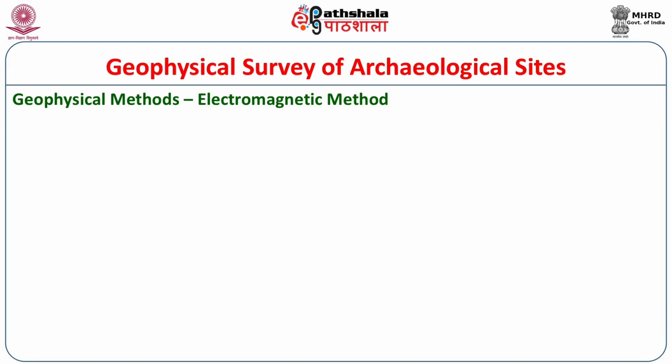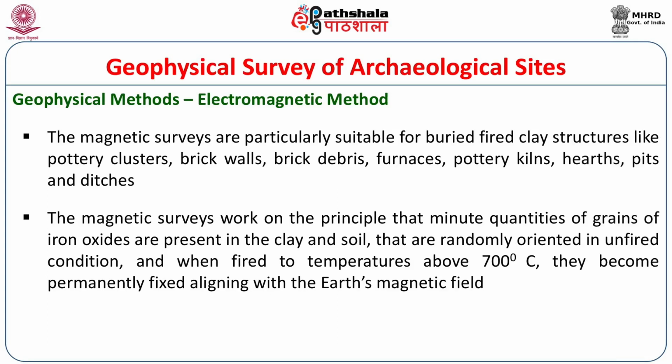In the continuation of the electromagnetic method, the magnetic surveys are particularly suitable for buried fired clay structures. For example, in the ancient period, humans used fire to make bricks, pottery, walls, furnaces, pottery kilns, hearths, anything associated with the heating of the surface which has hardened over a period of time.